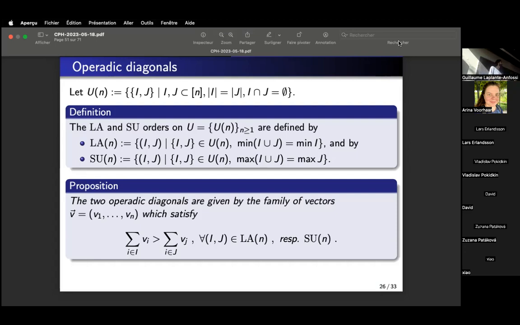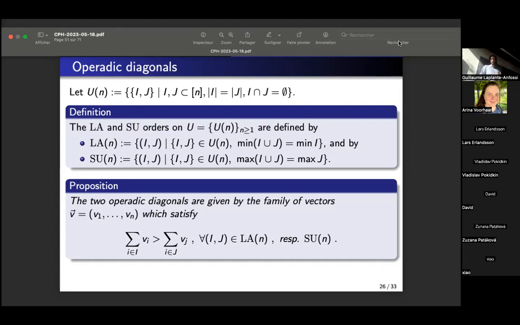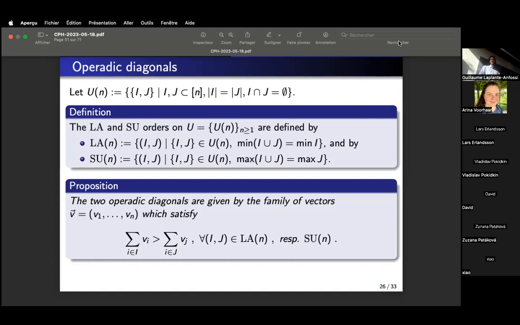So you take the sum over i in big I of the v_i's. This has to be strictly bigger than the sum of the v_j's, here's a typo, it should be j in big J. And either you choose the ordering with the min in I, or you choose the ordering with the max in J. And you can see that in both cases, the vectors will have strictly decreasing coordinates, because if you take the sizes of I and J to be 1, then if i is less than j, you have v_i bigger than v_j.